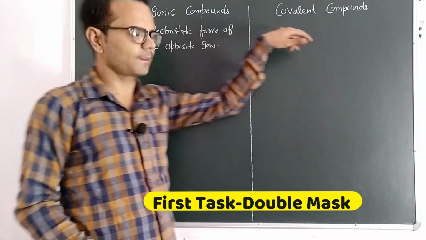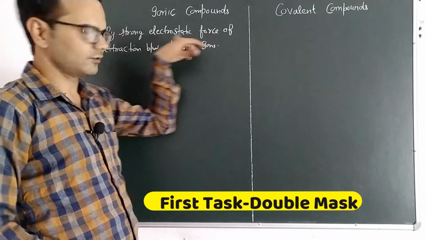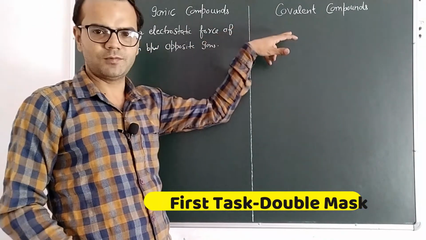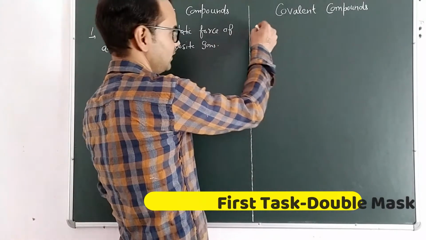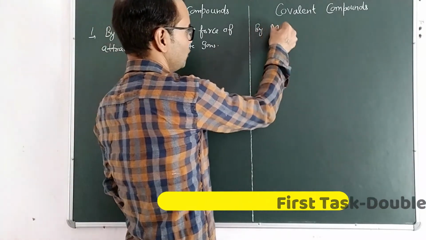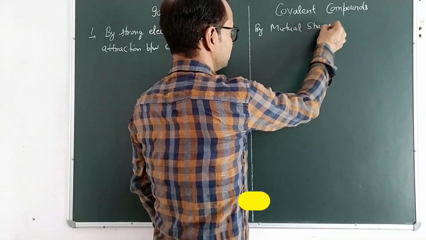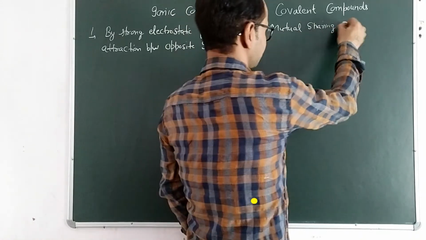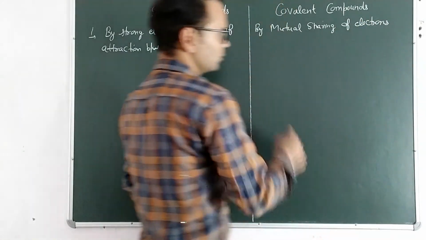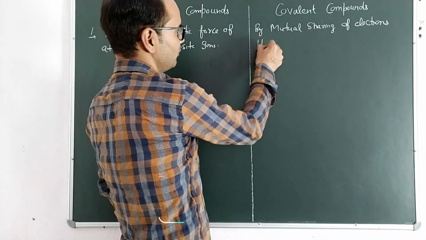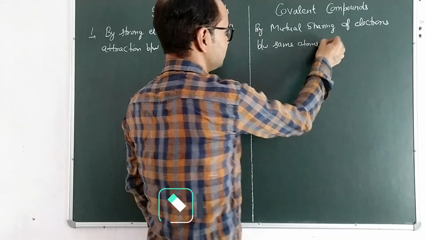Opposite of it, in covalent compounds there is no transfer of electrons, no strong electrostatic force of attraction. They are formed only by the mutual sharing of electrons between same atoms or different atoms.